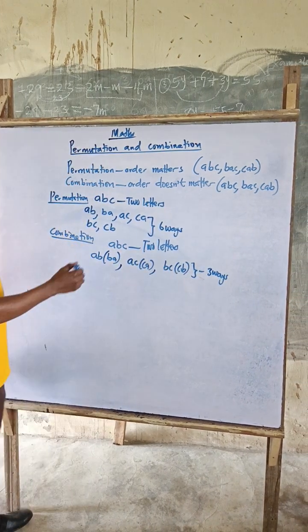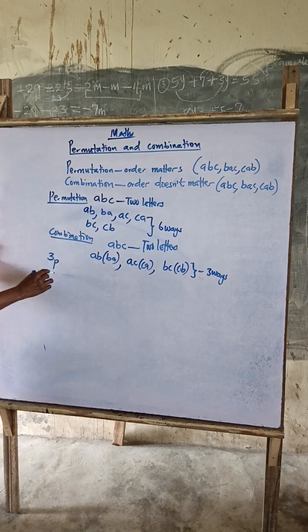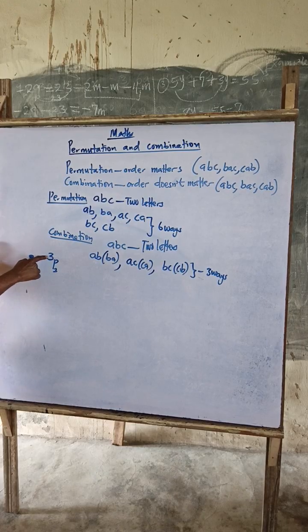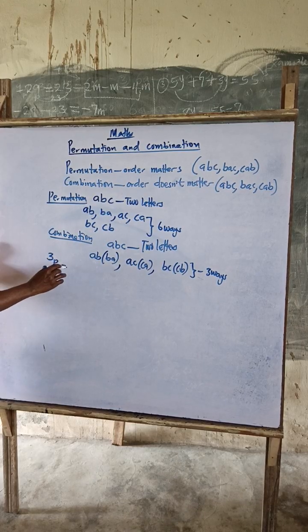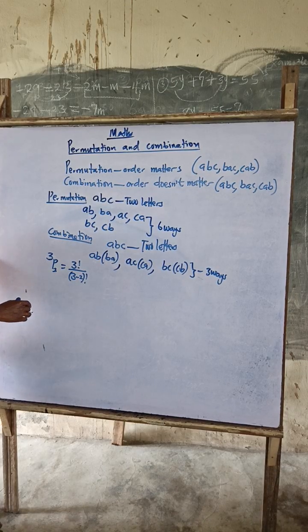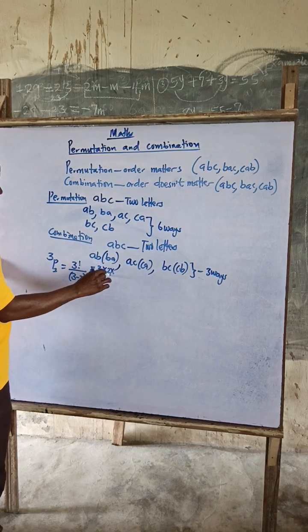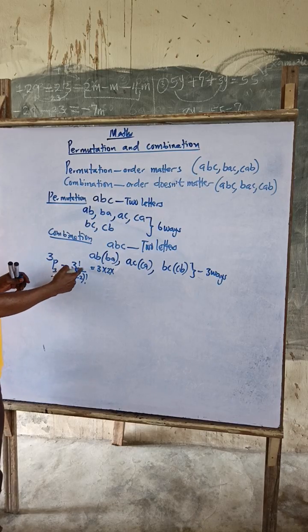This leads us to the formula for permutation. We want to arrange 2 letters from 3 given letters. Using permutation, we have 3 factorial divided by 3 minus 2 factorial. That's the formula we are using. From the previous lesson, I've taught you how to expand using factorial.